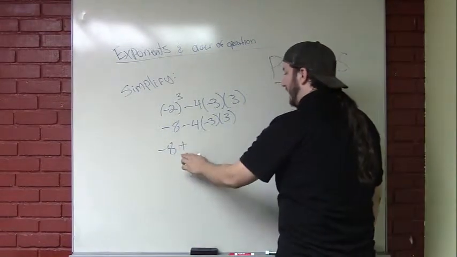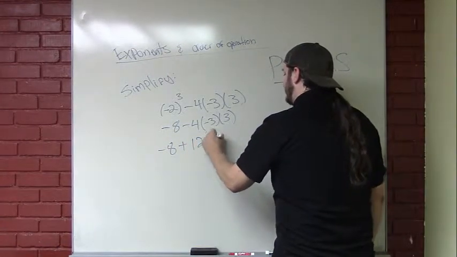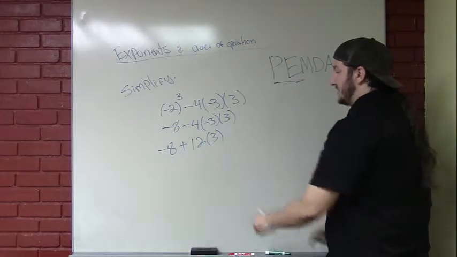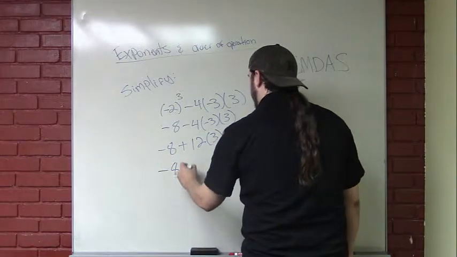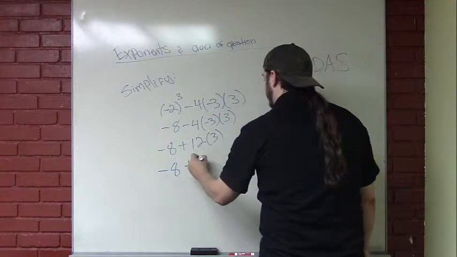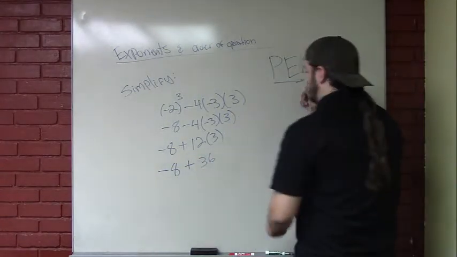Again, negative times negative is positive. 4 times 3 is 12. And we still have times 3 here. Okay? So we're still on multiplication because there's still this guy here. So we have negative 8 plus, what's 12 times 3? That is going to be 36. And then so we're done multiplication.